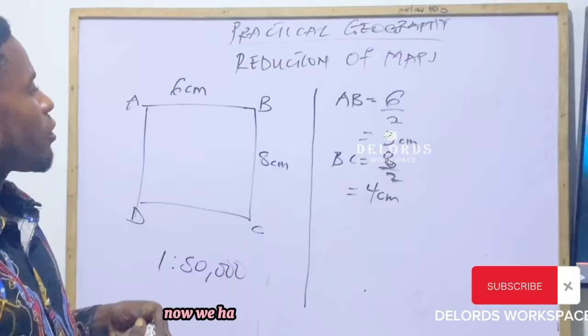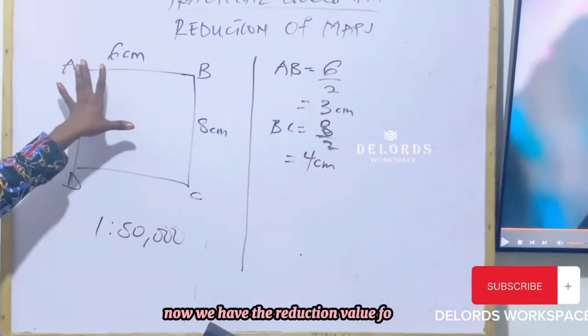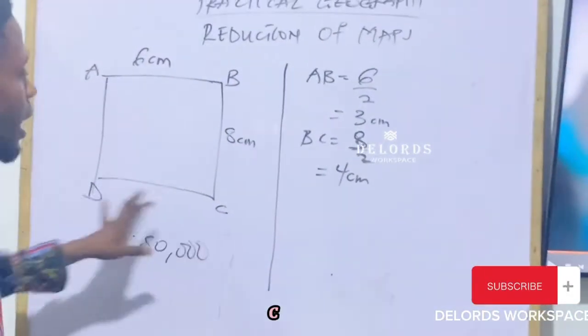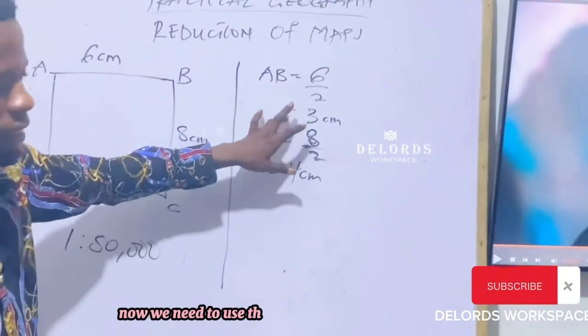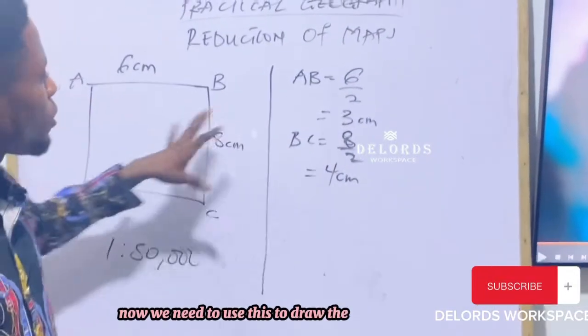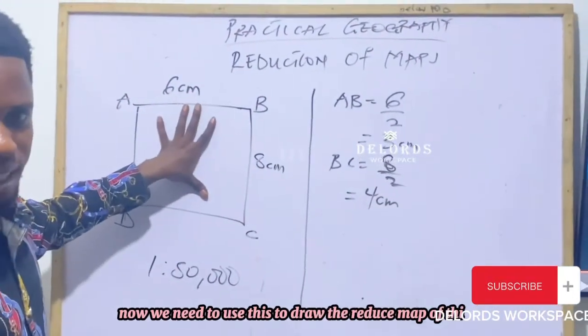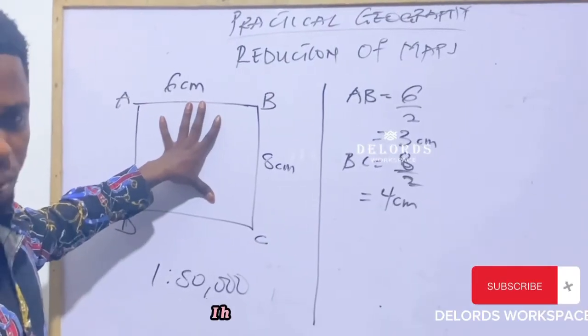Now we have the reduction value for coordinates A, B, C, and D. Now we need to use this to draw the reduced map. I hope you all get me.